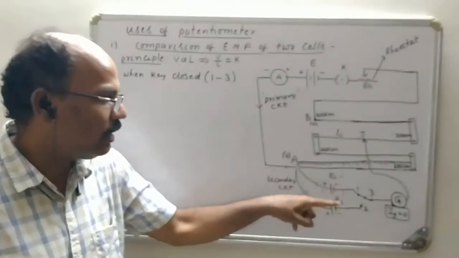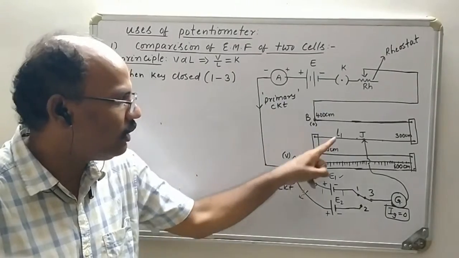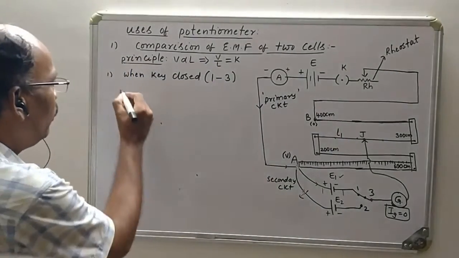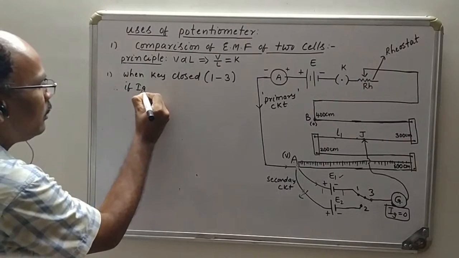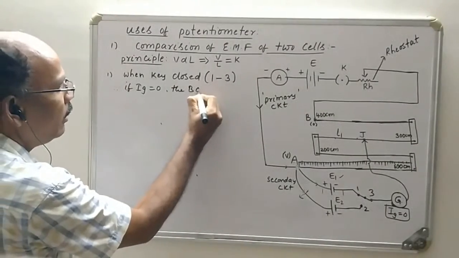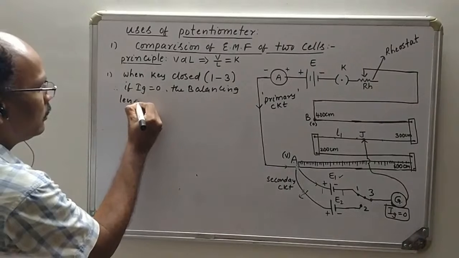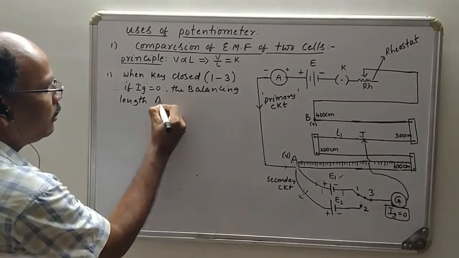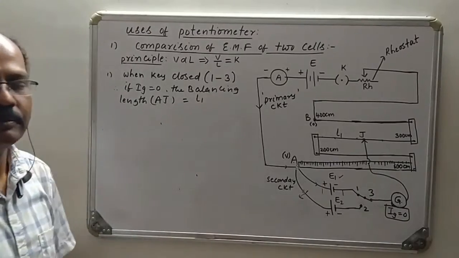So what is the balancing length across the given wire? That is nothing but L1. Therefore, if Ig is equal to 0, then the balancing length AJ is equal to L1.